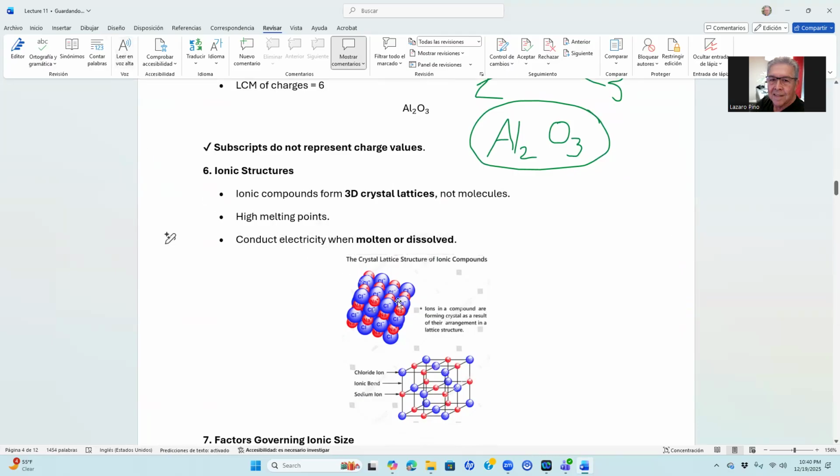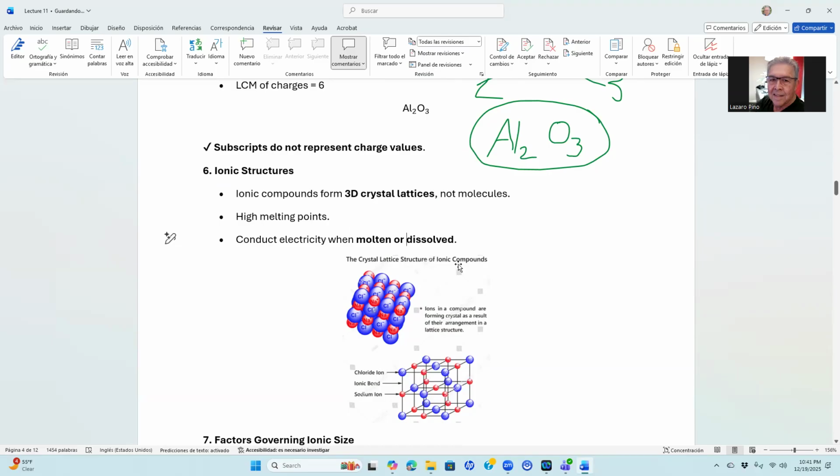Then you can see here, this is a structure of an ionic compound. As you can see, they make a 3D crystal lattice. You have the chloride anions and the sodium cations making this crystal.